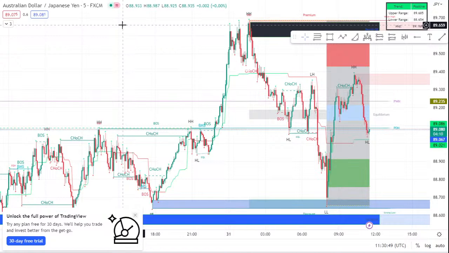In as much as I have all these indicators, the first thing that I always do, and I showed you when I started this live stream, is I always try and do my analysis without these indicators. That is for sure. I'll always do my analysis first, and once I'm done with my analysis is when I launch the indicators, so I can see if my analysis is somehow correct.